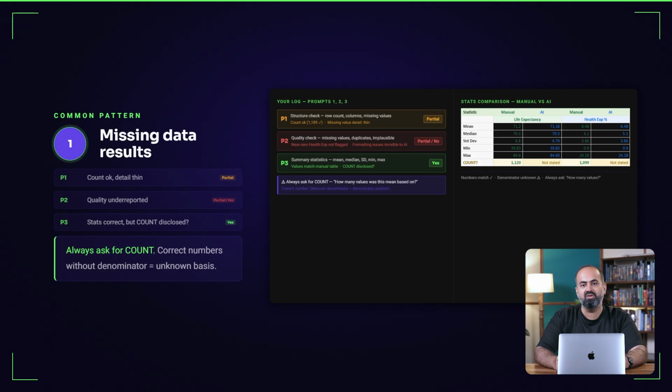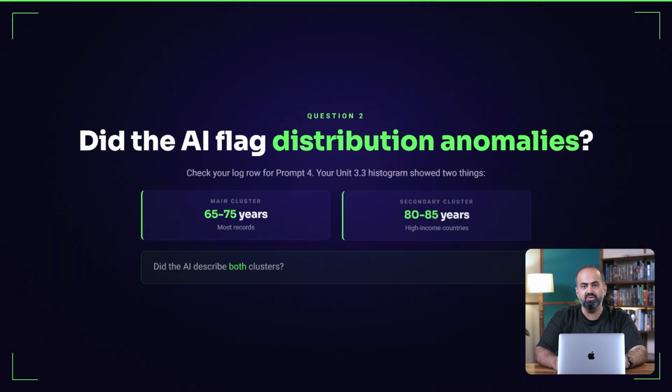Always ask for count. Your log is your answer to this question. Write one sentence. Across prompts 1, 2, and 3, the AI handled missing data correctly, partially, or incorrectly because of the reason.